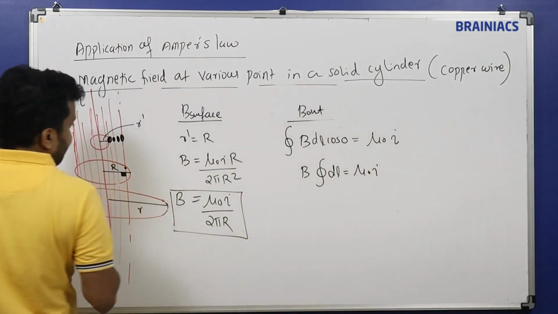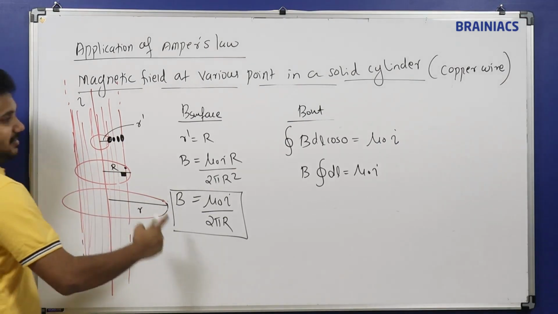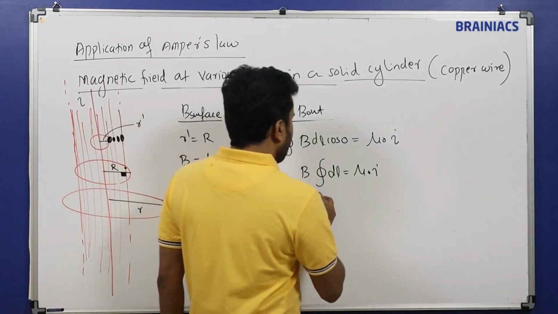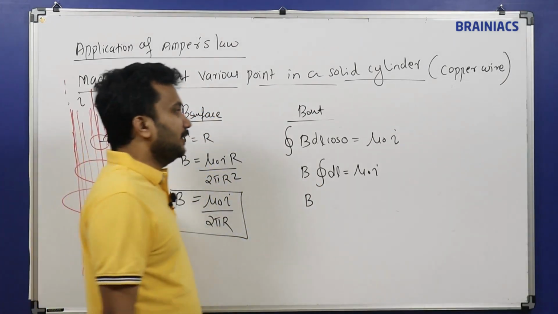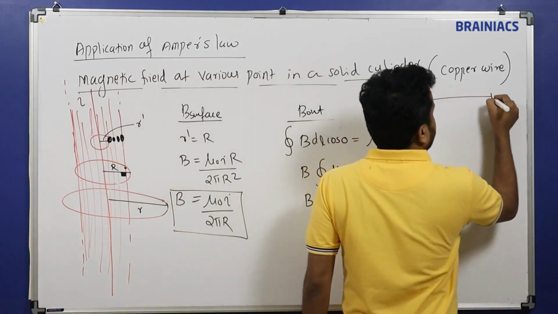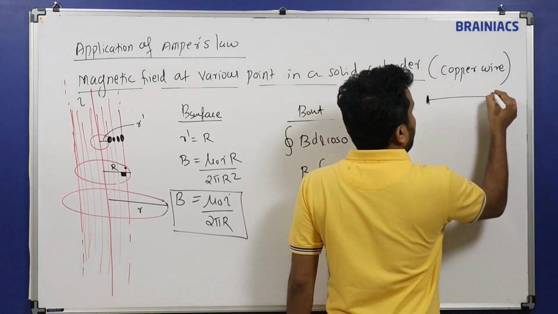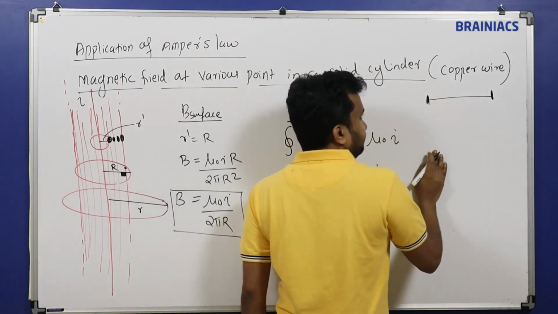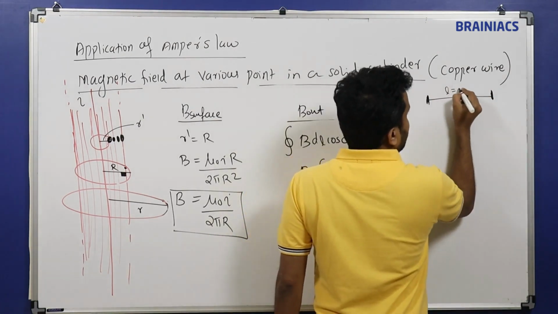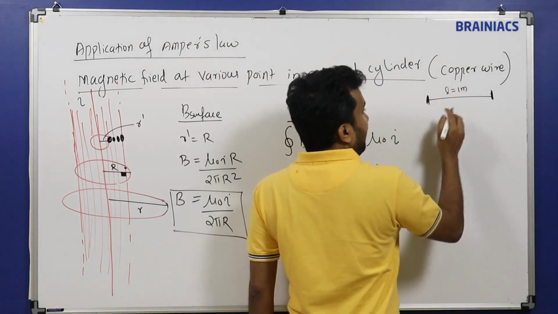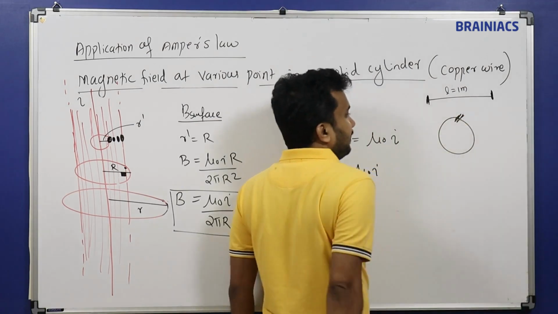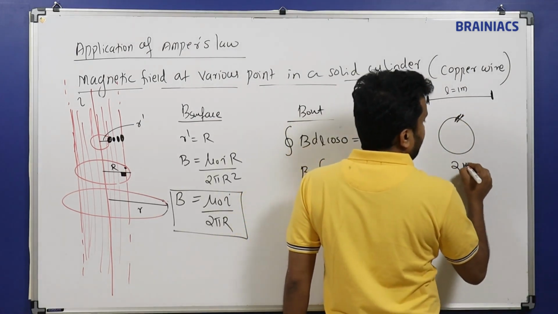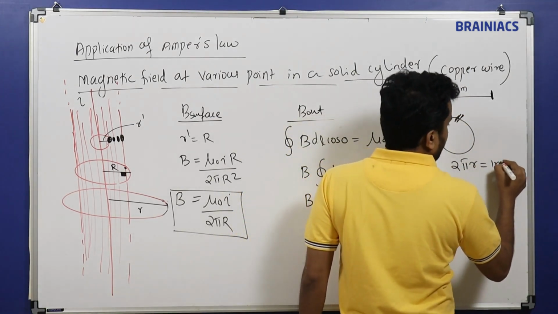What is closed integral dl for this bigger circle? Suppose you have a wire of length 1 meter. If you connect this wire into a circle, then the perimeter of the circle, 2 pi r, is equal to 1 meter.